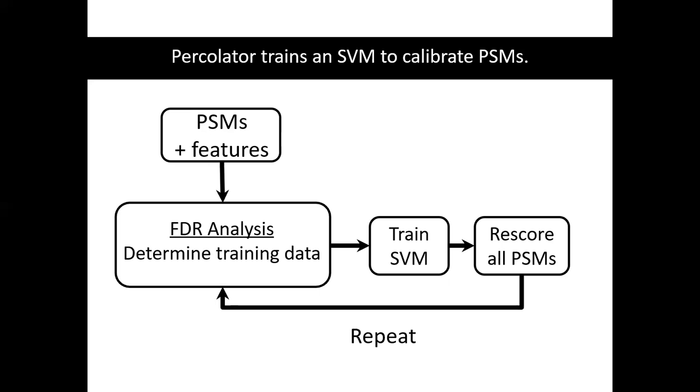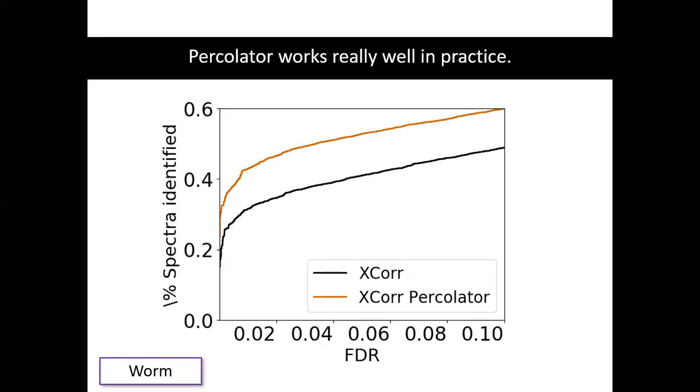So in practice, Percolator is considered the gold standard, and it works great. Here we have the earlier scoring algorithm which we discussed, XScore, plotted in black, and the output of running XScore through Percolator, plotted in orange. We can see a significant performance boost, and it works for all scoring algorithms. This would also be true of DIDEA.